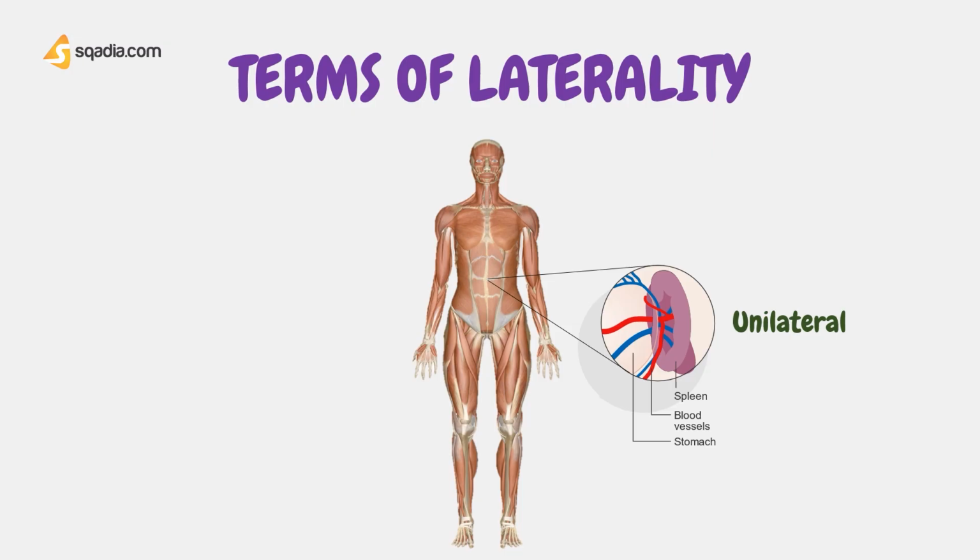The best example is the spleen, which is located on the left side of the body. Then we have the term bilateral. Its name indicates that it refers to the structures present on both sides of the body. The best example is ears. Another example is lungs, which are located on both sides of the body.